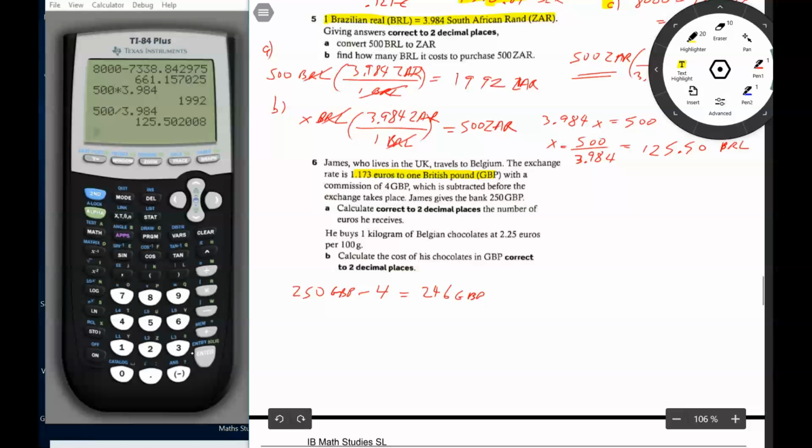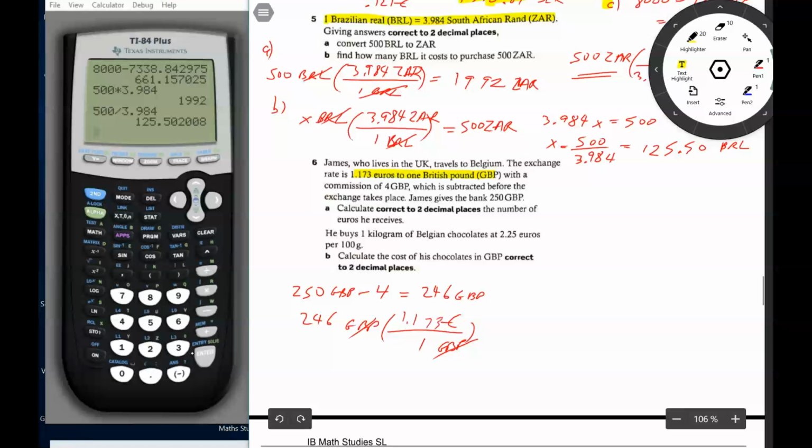And then he exchanges that for euros. So we're going to change 246 GBP to euros. And the exchange rate is GBP on bottom so that it cancels, and euros on top. The euros is 1.173, and the GBP is 1 GBP. So I'm just going to rewrite this because I wrote kind of messy here. 1.173.